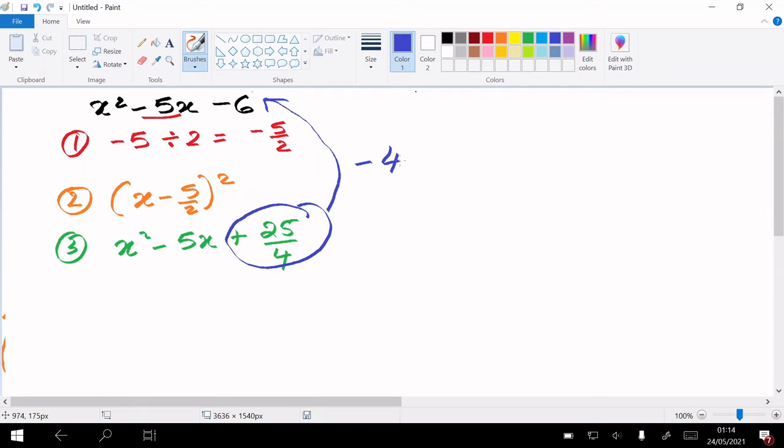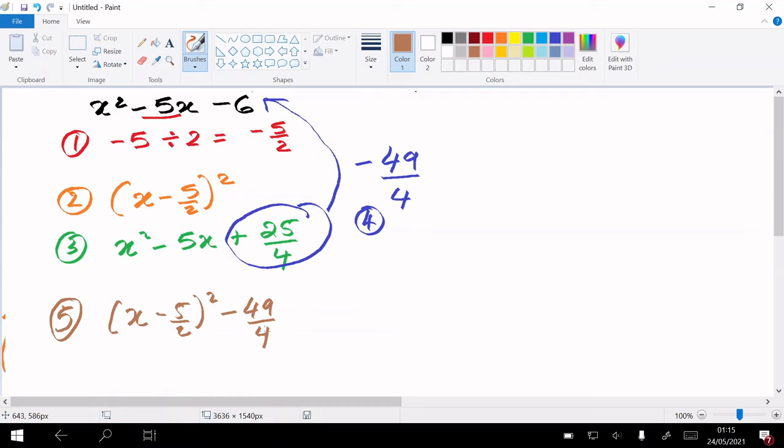So 25 over 4 minus 49 over 4 is equal to minus 6. Which means, so that is step 4, you can finally rewrite it as x minus 5 over 2 whole squared minus 49 over 4.